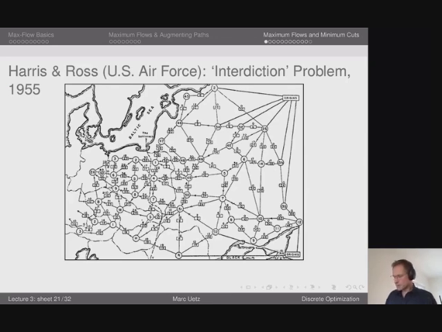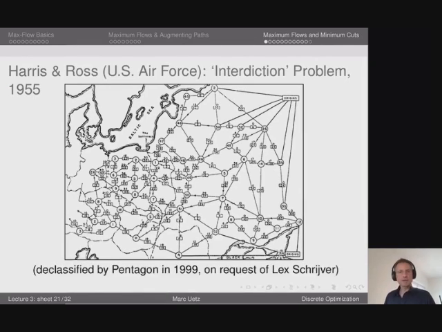Back then it was classified, and it was actually declassified from the Pentagon only in 1999, so some 20 years ago, on request of our dear colleague lec03 from the CWI in Amsterdam. Now, if you should think also 1999 is really long ago, I wouldn't agree, because that was a time when I was already a PhD student in Berlin.